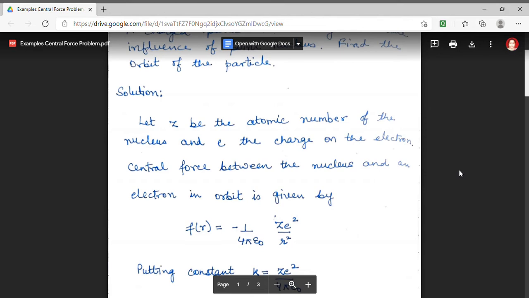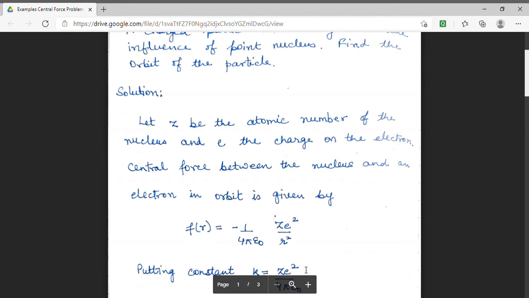Then the force acting between the nucleus and the electron will be minus 1 upon 4 pi epsilon 0 times Z e square upon r square. This is the force acting between the nucleus and the electron. Here we have a constant factor, and it is Z e square upon 4 pi epsilon 0.